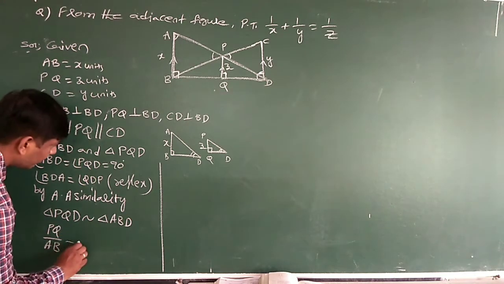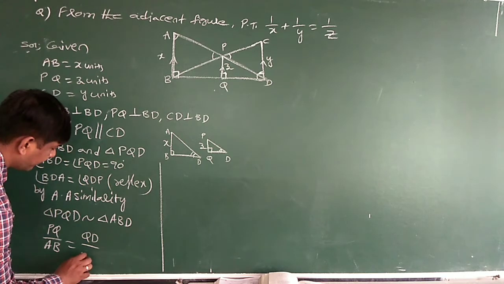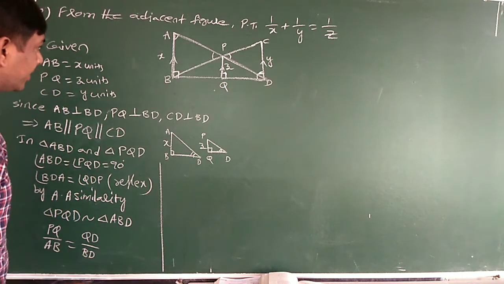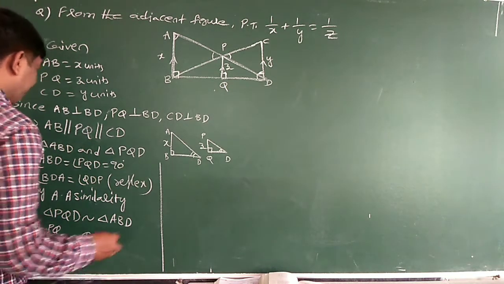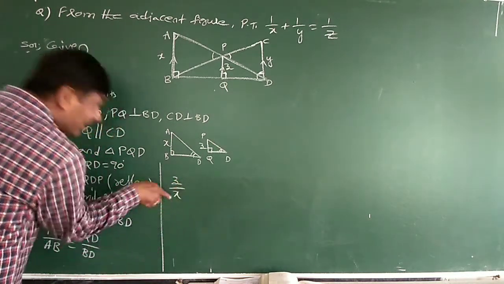PQ by AB is equal to QD by BD. Now PQ is Z and AB is X, so X comes in the denominator.